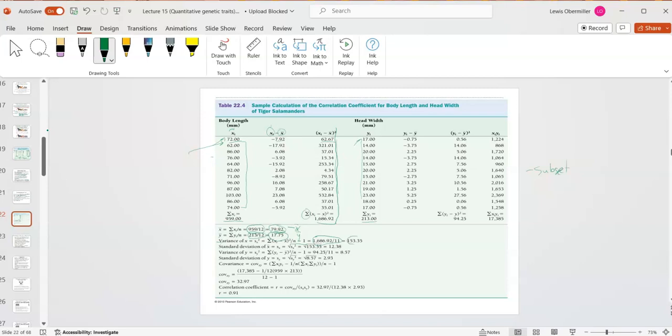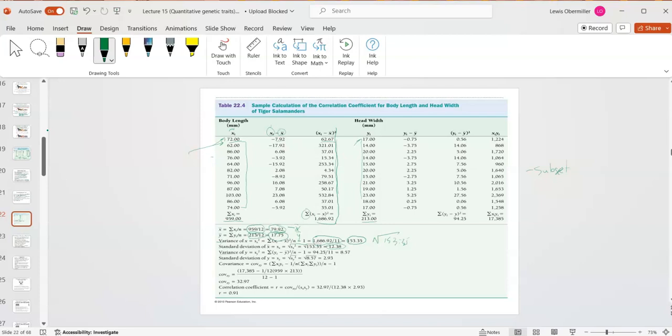And that's what you do scientifically to account for variability in a small set. All right, so 153.35 is what we get for the variance. And then, of course, to get the standard deviation, we square root that, which we already talked about. And that gives us the standard deviation of 12.38. So that's our standard deviation.